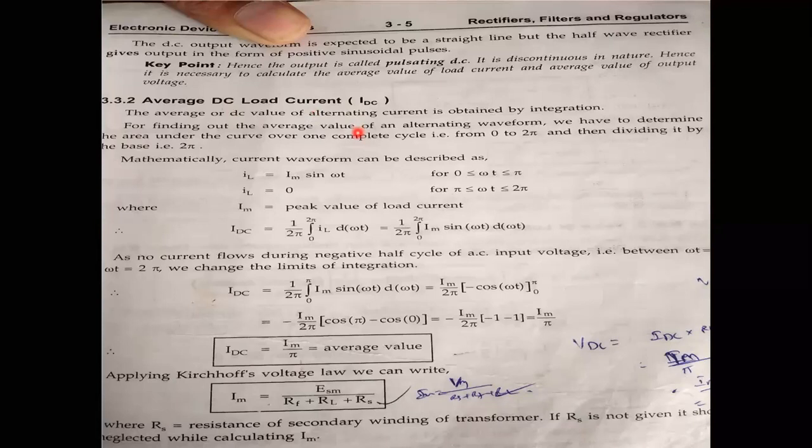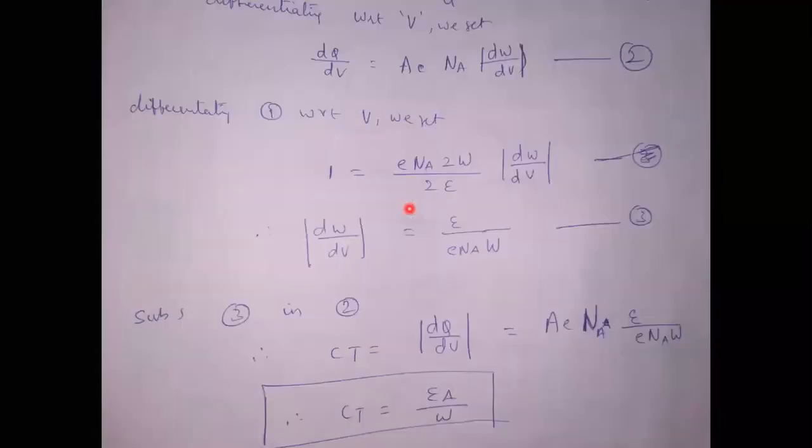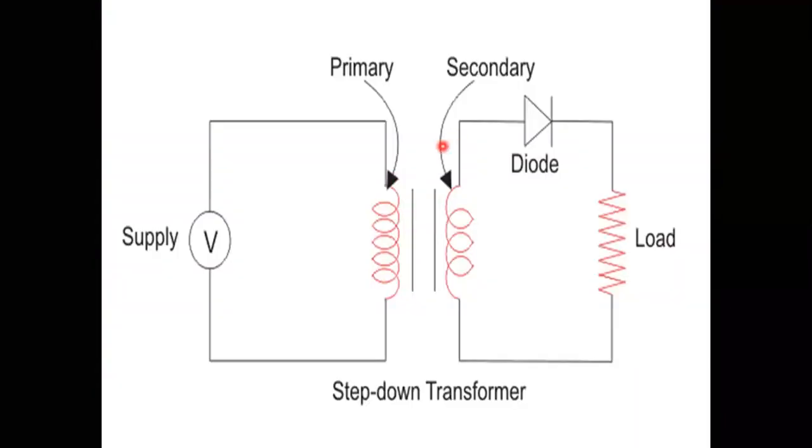See here, I am giving this step down transformer such that this is the output of the transformer, the AC voltage.